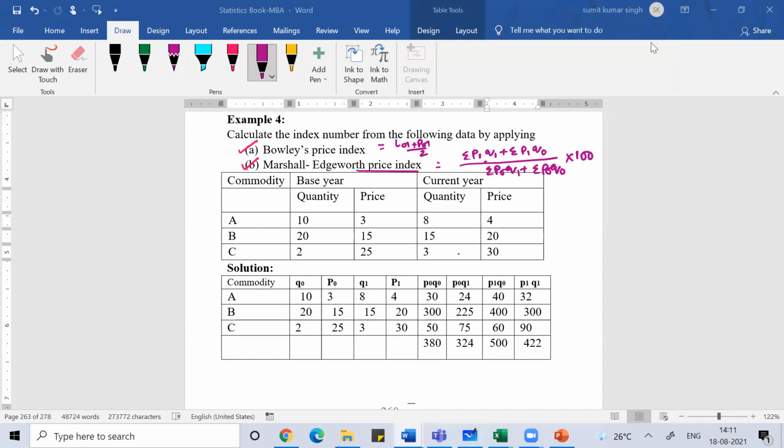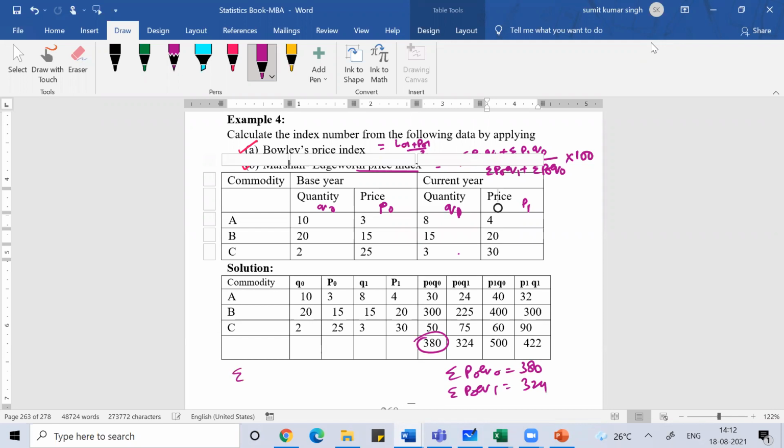Here we can easily find P naught, Q naught. This will be your Q naught, this will be your P naught, this will be Q1, this will be P1. So I can find the value: sum of P naught Q naught will be 380. The sum of P naught Q1 is 324.